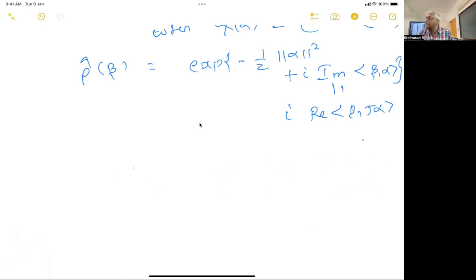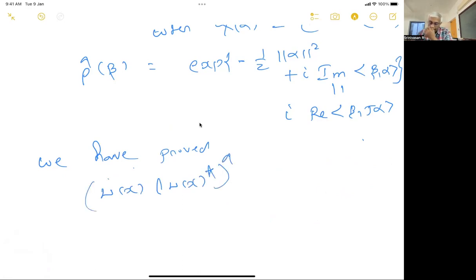If you have a state with mean 0, then you can conjugate by this. We have already proved that if rho is a state, then W of x rho W of x star, take the hat at alpha, equals e to the power i times the imaginary part of alpha x, I think.